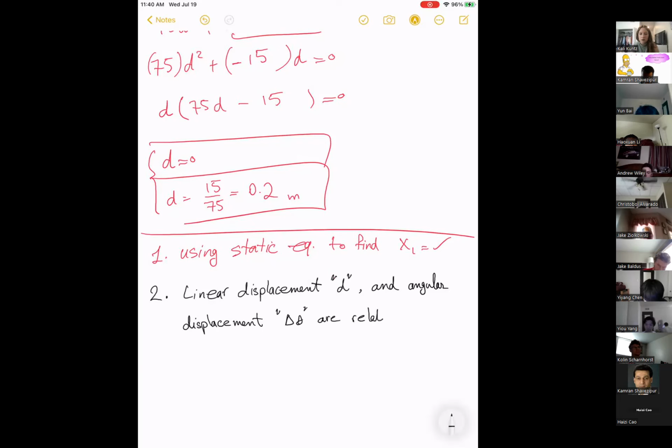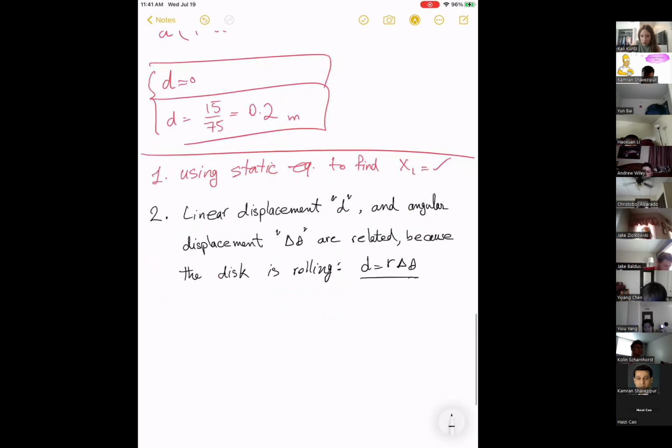Why? Because the disk is rolling and you get D is R delta theta. Okay, so next time you see something like this, you're going to use it. If something rolls, the displacement of the center of the disk and angular displacement delta theta are related like this.